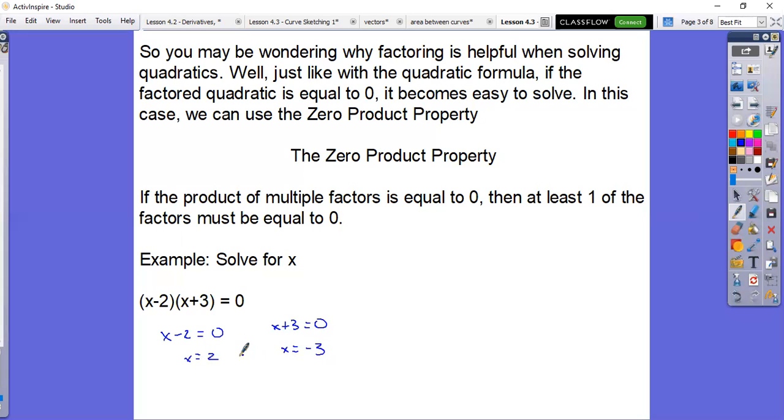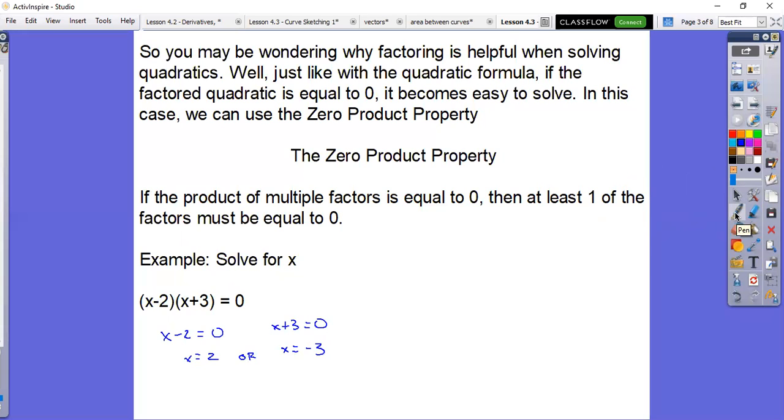These are my two solutions to the quadratic. If either one of these things happens, then the quadratic is equal to 0 and I have solved for x. So that is the concept of the zero product property. If I have things being multiplied together and they equal 0, then at least one of the factors must be equal to 0.